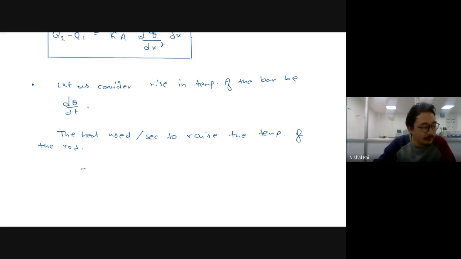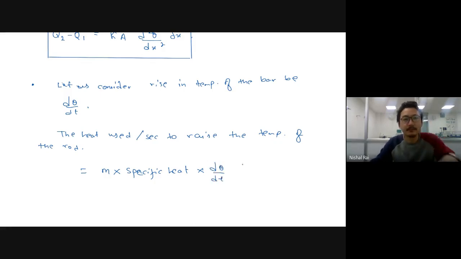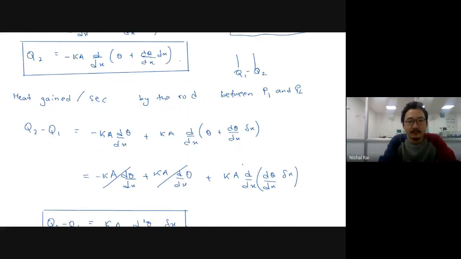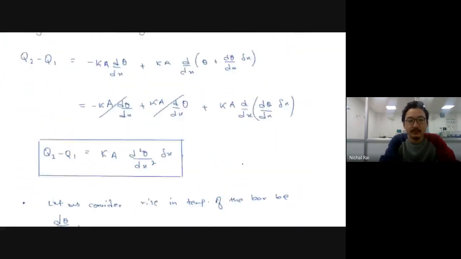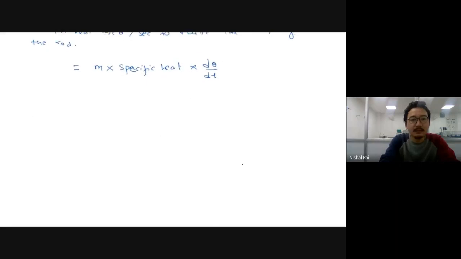This is basically given by mass into specific heat, which is your thermal capacity, times the rate of change of temperature. Previously, I think I was using T. Now I started using theta. It's fine, this theta is the same as temperature. So this will end up as M into C times d theta by dt.